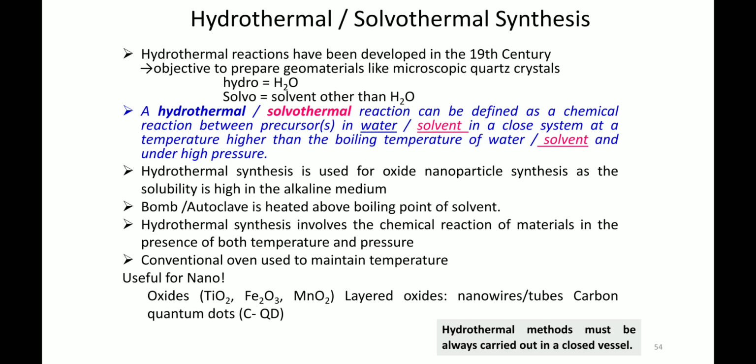At that time they were not interested in nanomaterials, so they used the hydrothermal method.